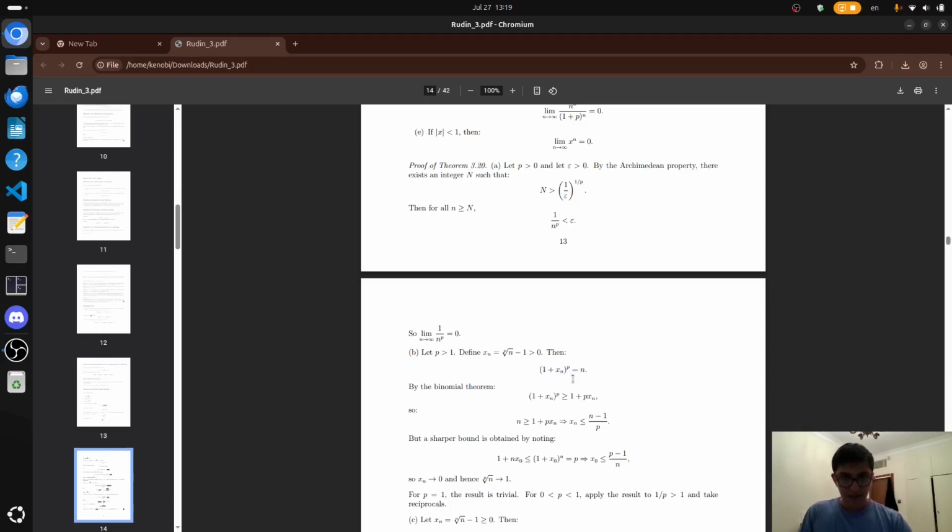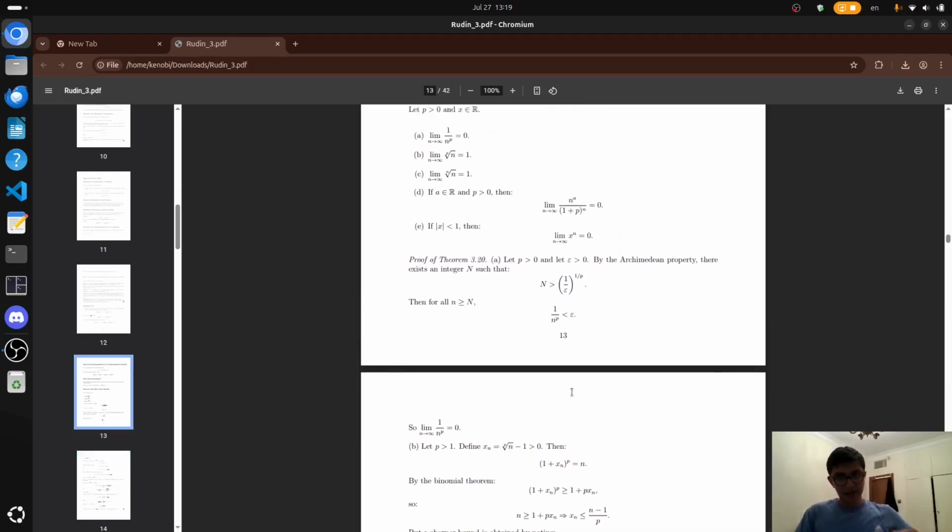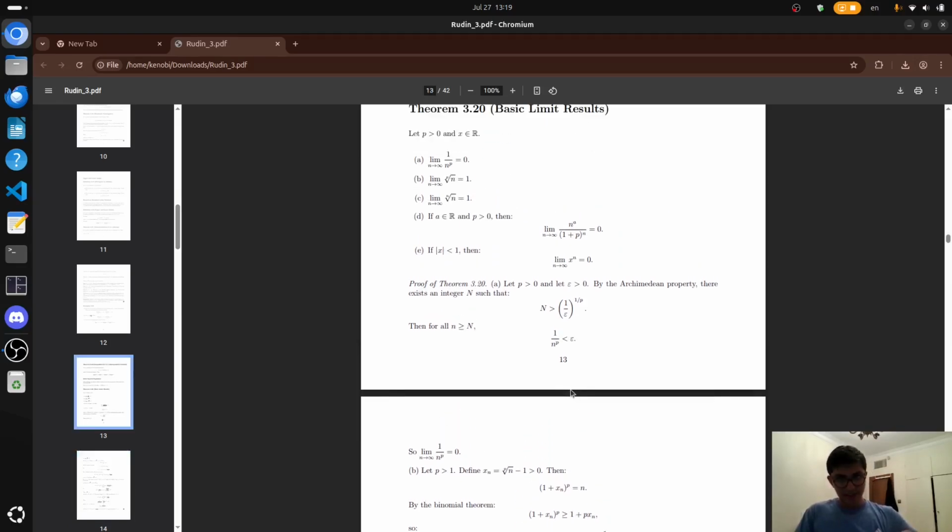And the trick here, the strategy, is that we want to use the binomial theorem because we want to exponentiate some terms.